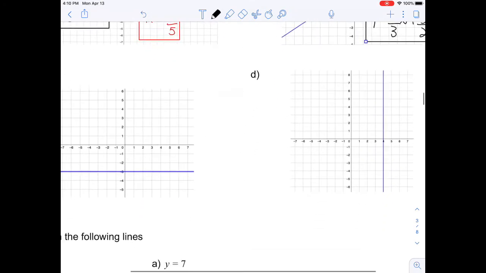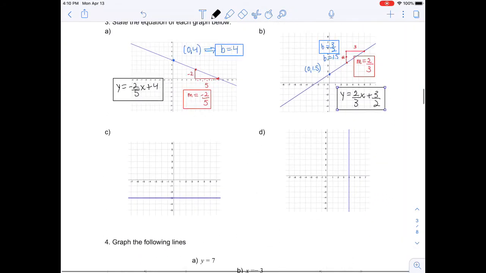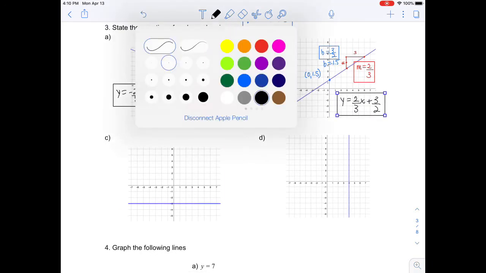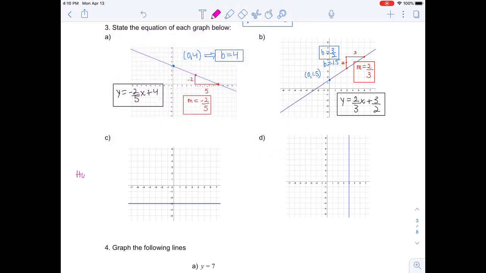Okay, so what about these guys here? Well, we can see that these two lines are not diagonal lines. They're special lines. This first one is a horizontal line because it's flat, like the horizon. If you forget this from the lesson, let's just repeat it here: all horizontal lines have the form y equals y-intercept. So in order to figure out the equation of this line, all I have to do is look at where the y-intercept is.